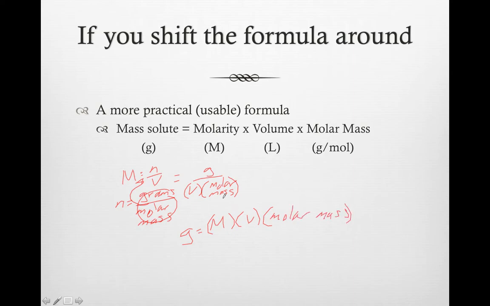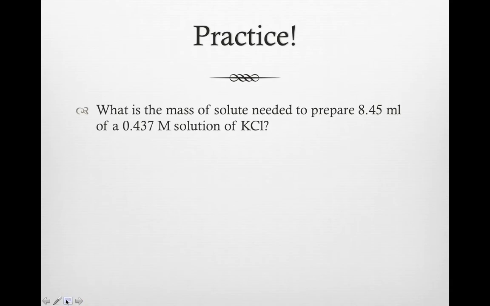This is just manipulating that original equation of M equals n over V and solving for grams, which is part of n. You'll probably use this one a lot, but you need to be able to get there and not just memorize it, because you're going to forget it. If you know M equals n over V, you can get to the rest of it, which is what we want. Practice example.